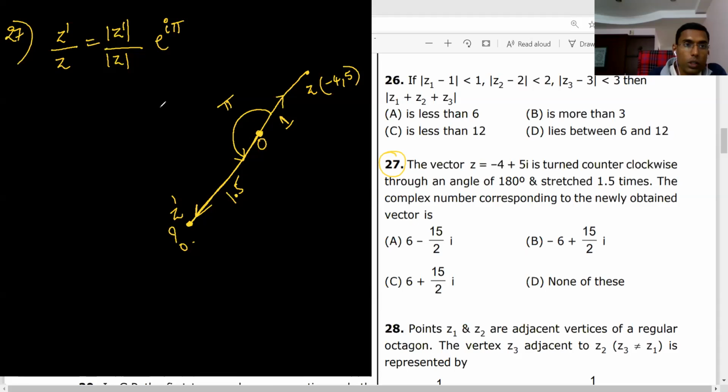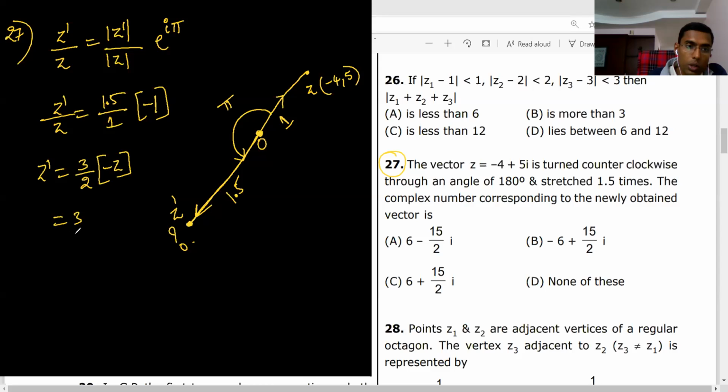I already told you that z dash by z equals mod z dash by mod z. If you take this as 1 unit, this becomes 1.5 units, so 1.5 by 1 into e power i pi. e power i pi is cos pi plus i sin pi. Cos pi is -1, sin pi is 0. So -1. So z dash equals 1.5, which is nothing but 3 by 2, times minus z.